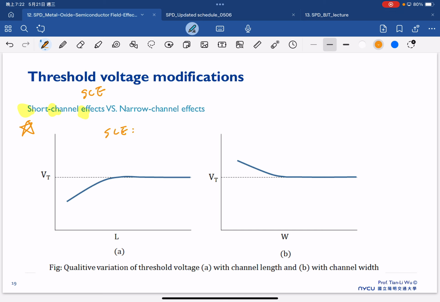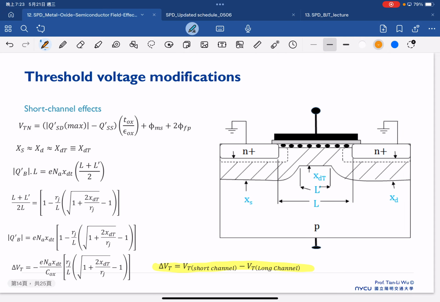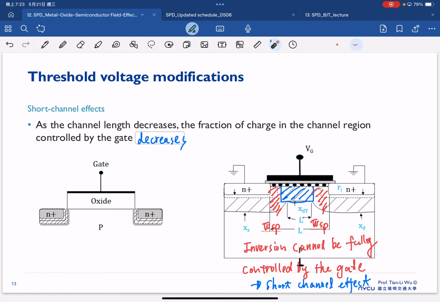the conclusion for SCE is that first we see the threshold voltage decrease, and also, one thing that we didn't mention but want to let you know, because this is highly influenced by the drain bias VDS, and also this is close to the source side if our channel is decreased.